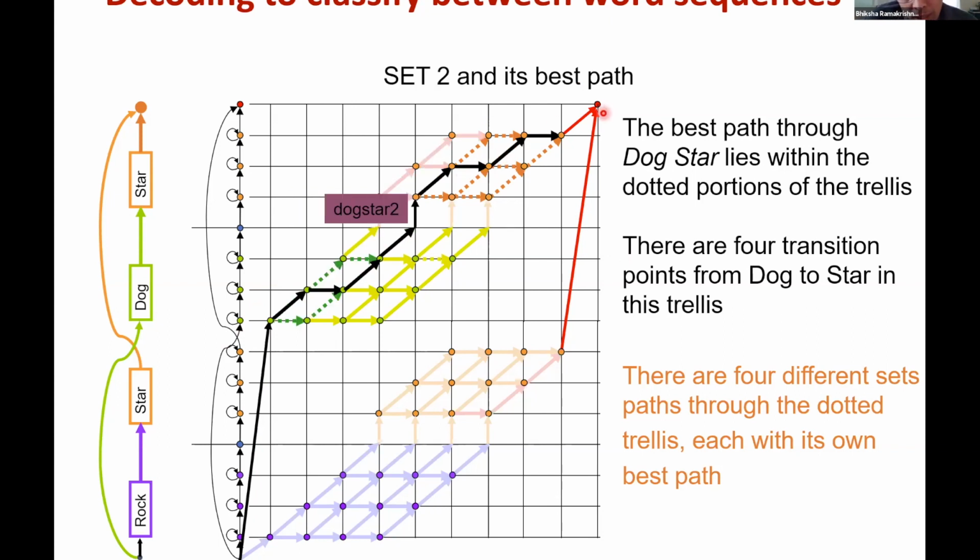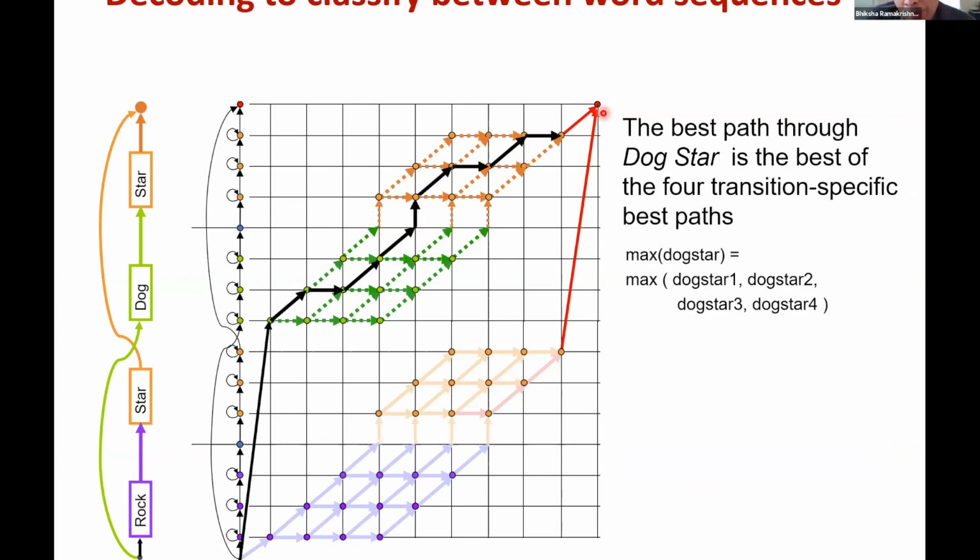If I say I want the first four vectors to go to dog and subsequent ones to go to star, this might be my best alignment. If I want my first five to go to dog and the subsequent ones to go to star, this might be my best alignment. If I want my first six to go to dog and the subsequent ones to go to star, this might be my best alignment. And so when I'm finding the best overall alignment of the input to dog star, I'm picking one of these four best alignments, which could be this guy.